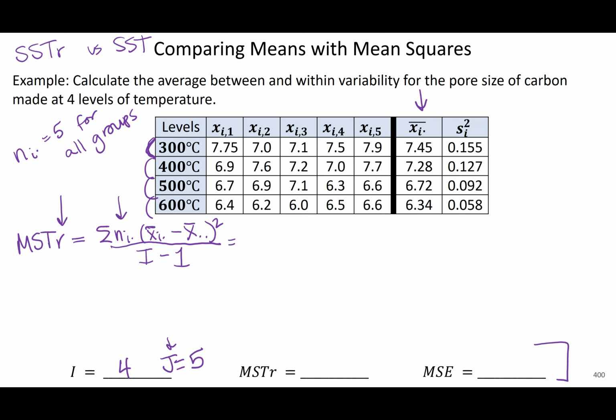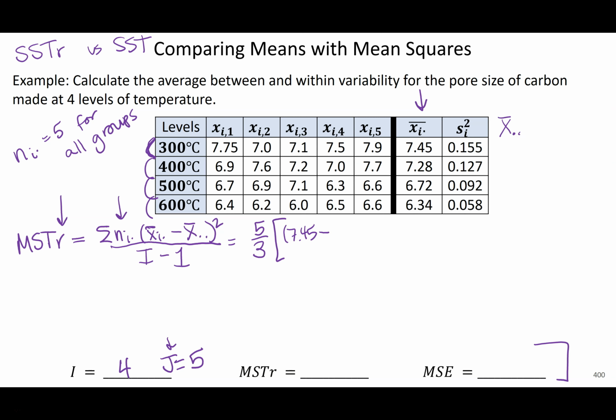So that's going to be 5 for all of them. This is going to be a constant 2. That's just going to be a 4 minus 1. So I'm going to get 5/3 times, group 1, 7.45 minus. And that is one thing.